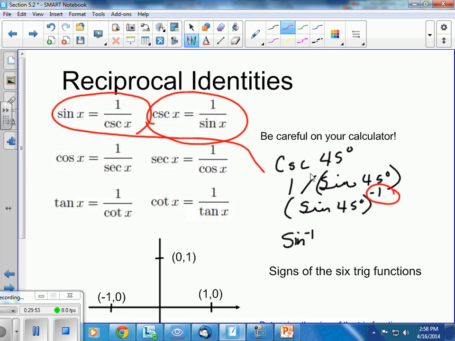You cannot use this button to find the cosecant. That means the inverse sine. Two totally different things in your calculator. So be very careful of how you enter those values.